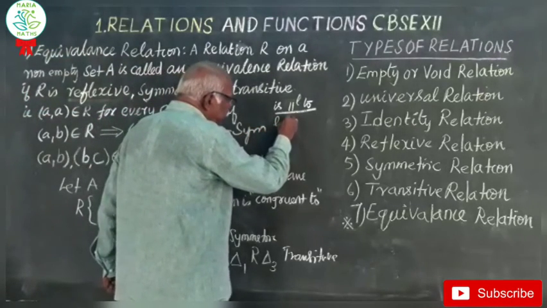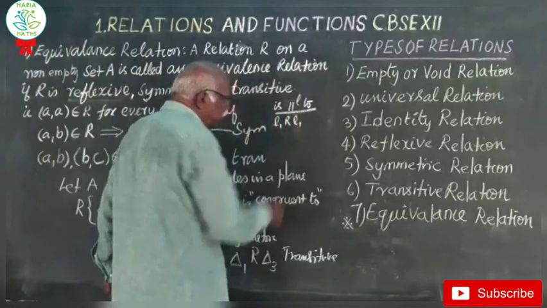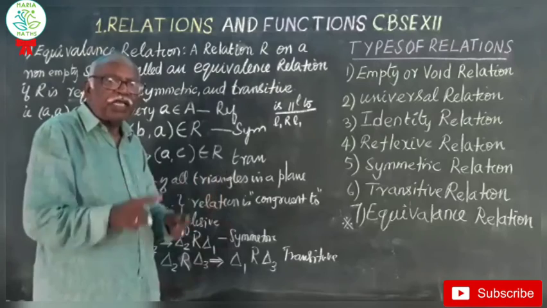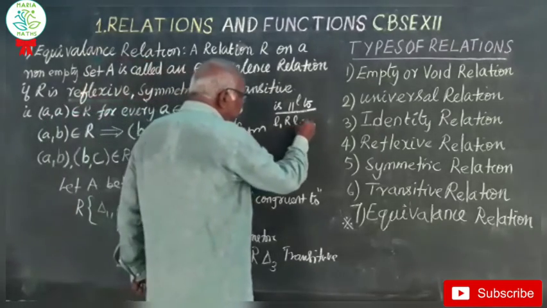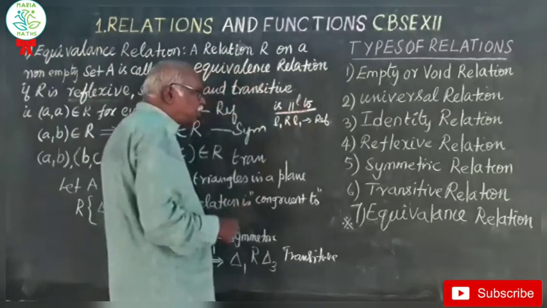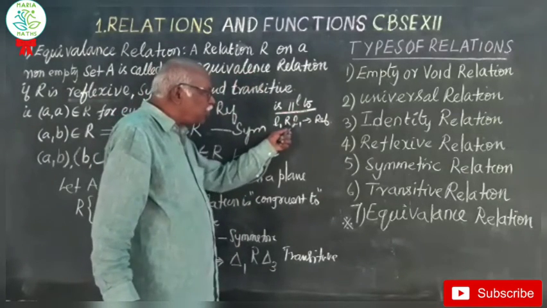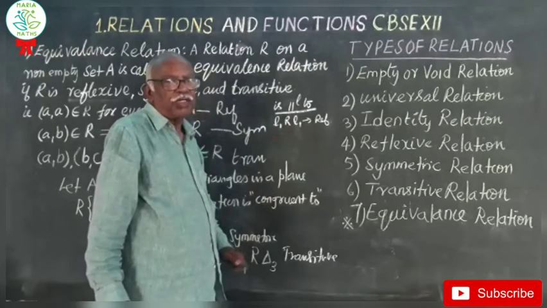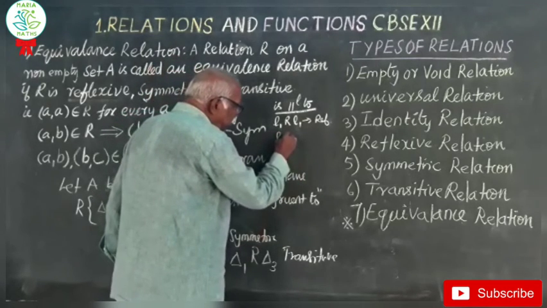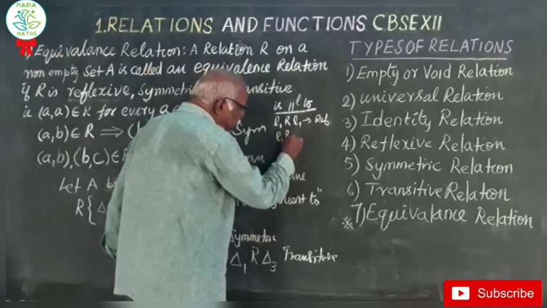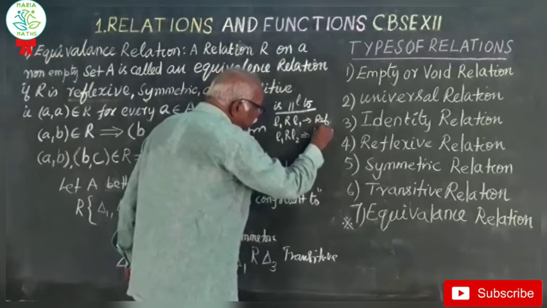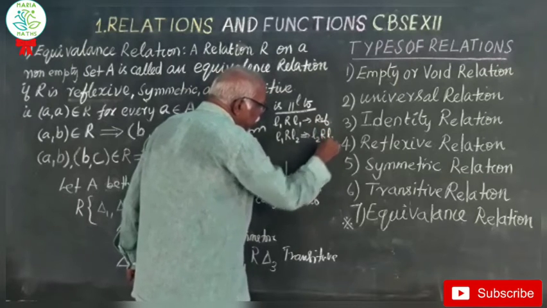L1 is related to L1 because every line is parallel to itself. Therefore, it is reflexive. The relation is parallel to: L1 is parallel to L1. Every line is parallel to itself. Therefore, it is a reflexive relation. Second, L1 is related to L2, implies L2 is related to L1.